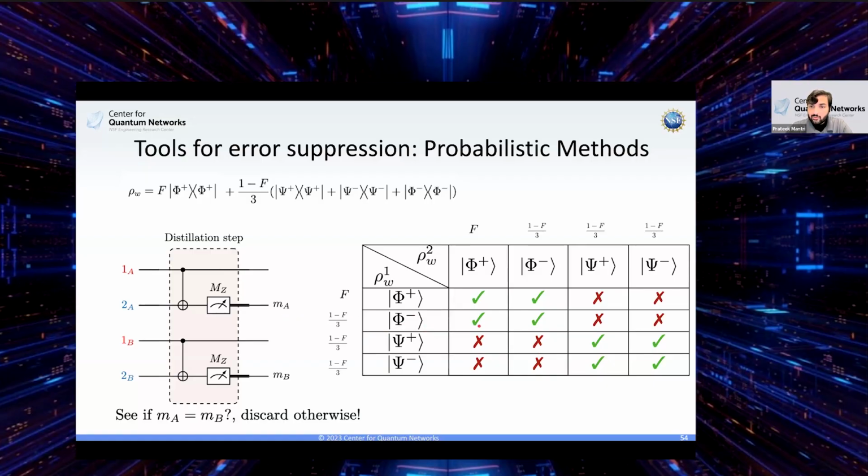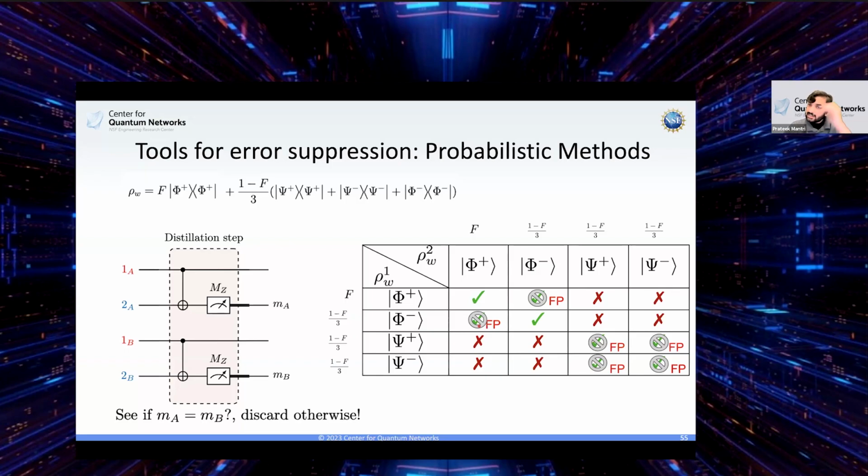Now, not all of these states are good. If we had the phi plus state and phi plus state, that's a good scenario because that's what we wanted. We wanted to have phi plus states at the end. If we had the phi minus state and phi minus state, that is also okay because, as I'll talk about in a bit, we are essentially able to push the kept state to phi plus.